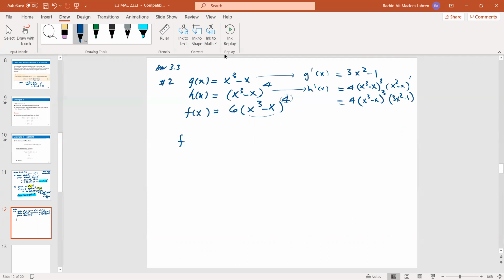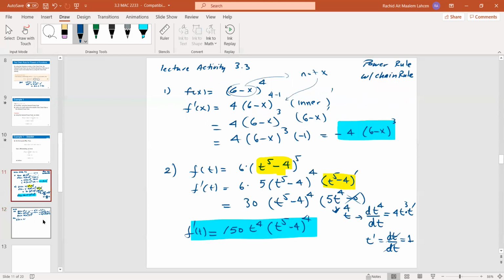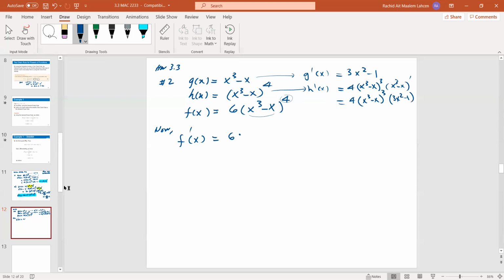So now if you need f prime of x, 6 is a multiple. So it's similar to this example, and now times the derivative of this, which I just did here, which is h prime of x, right? So 6 times 4 times (x cubed minus x) cubed times (3x squared minus 1), 24.